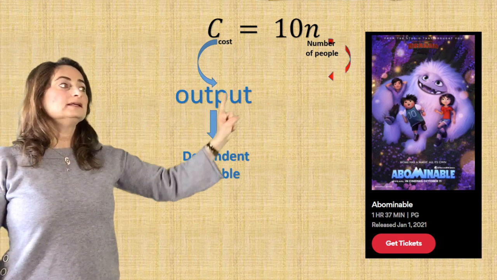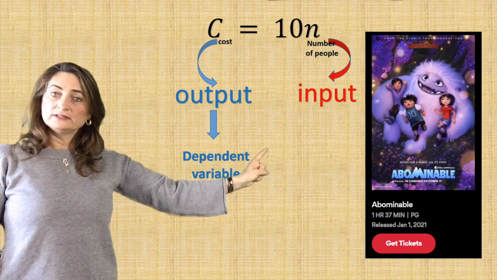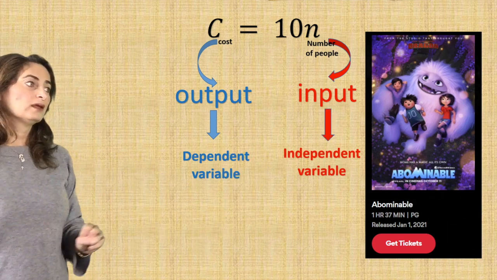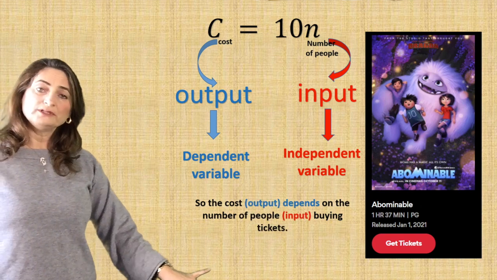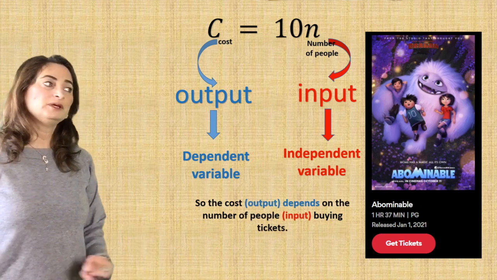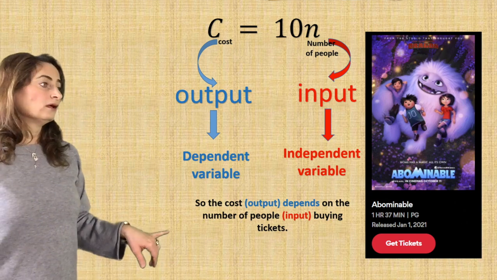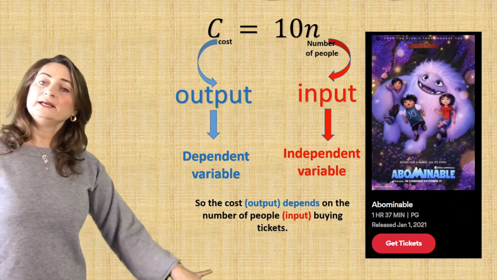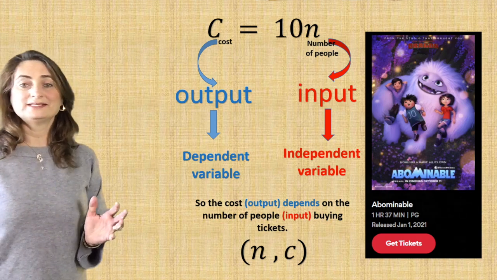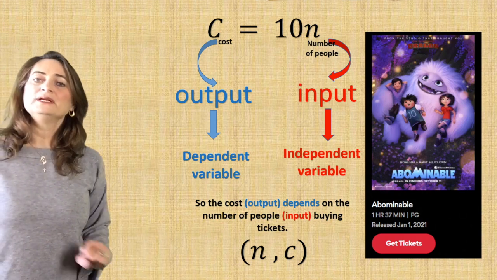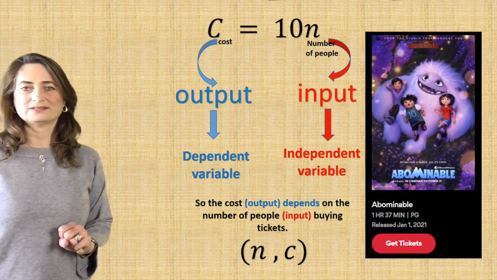So n is the input, which is the independent variable. So the cost, which is the output, depends on the number of people watching or buying the movies. We write it as an ordered pair, n and C, instead of x and y, where n is the number of people and C is the total cost.